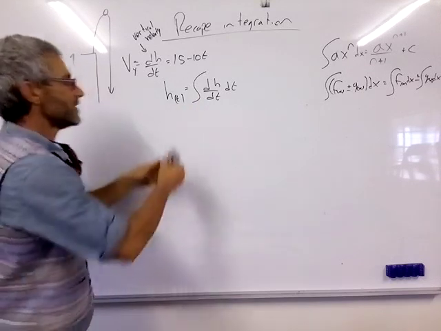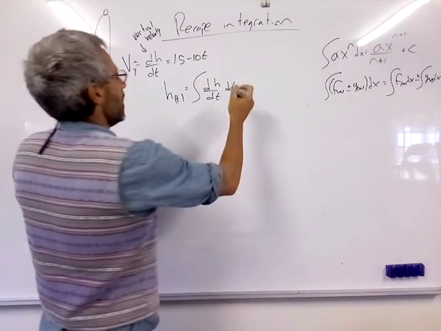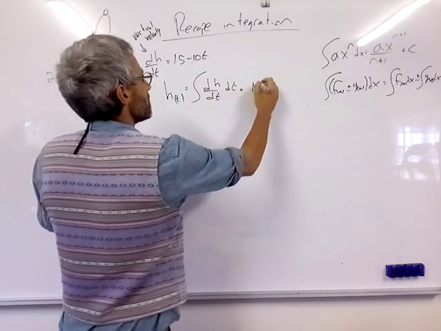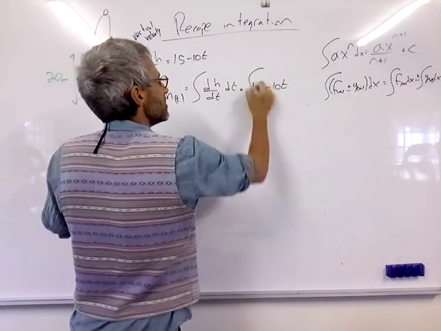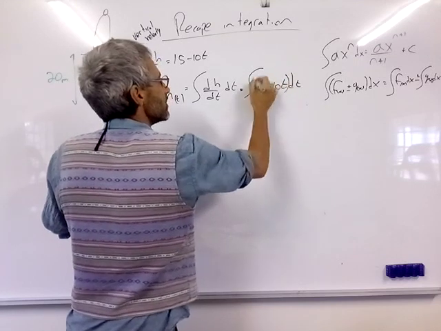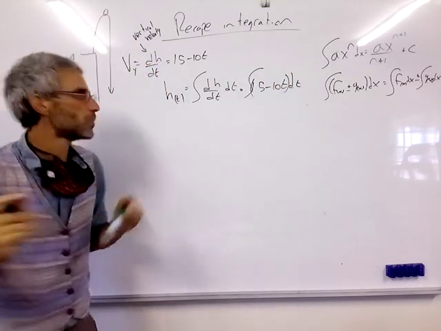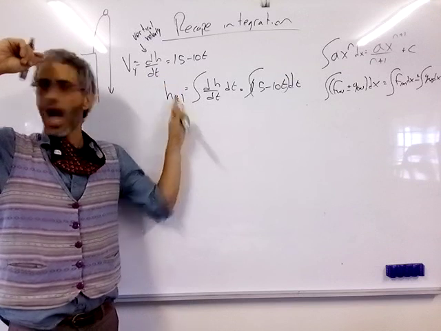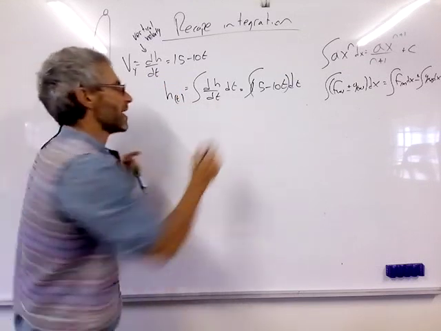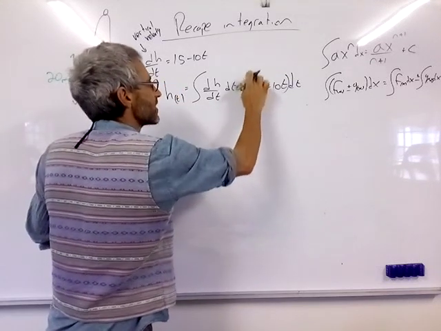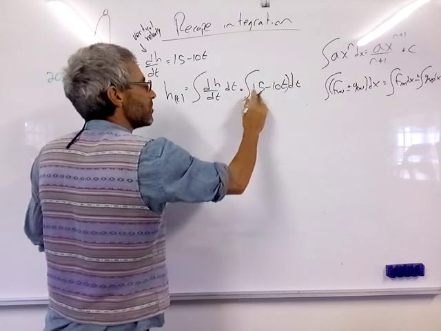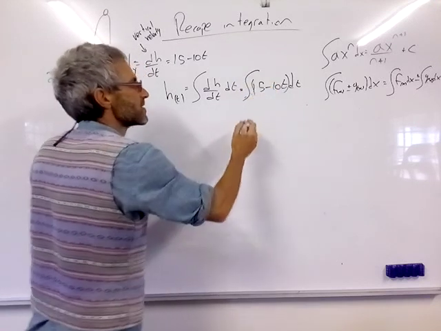Alright, so we're going to integrate it. It's going to be the integral of 15 minus 10t dt. So we start with the physics hat, now we're putting on the maths hat. This is just a normal maths problem, and in fact an easy one. But in physics problems you have to use both hats.